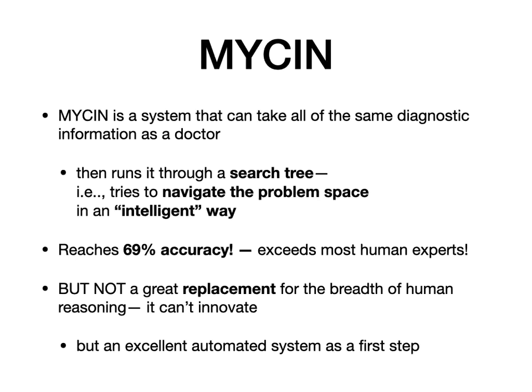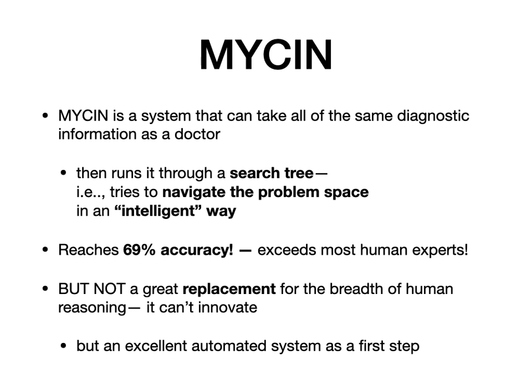So Mycin can take all those same kinds of diagnostic bits of information, and then it runs through the search tree, right? It tries to navigate the problem space. It's not a problem space in the same sense as the decisions I have to make in tic-tac-toe, but it's still a problem space in that I need to arrive at the correct diagnosis, and there are lots of possible diagnoses to make. Doing that in an intelligent way, using heuristics that we have available, helps us diagnose.